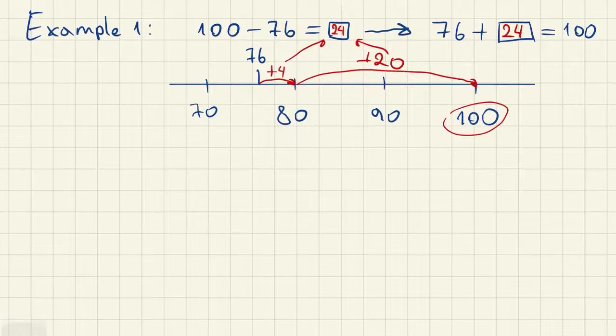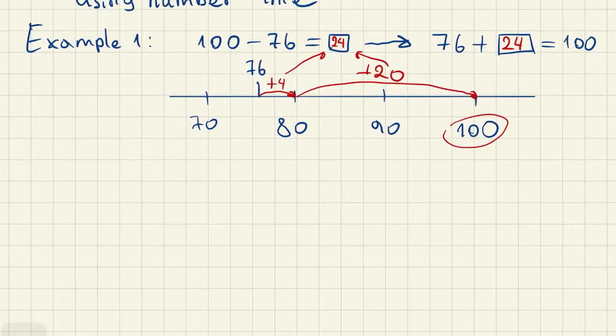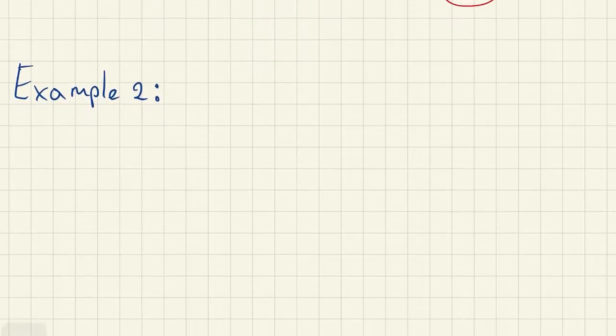Let's do a couple more examples on this topic. Let's say we want to do 39 plus something is equal to 100.